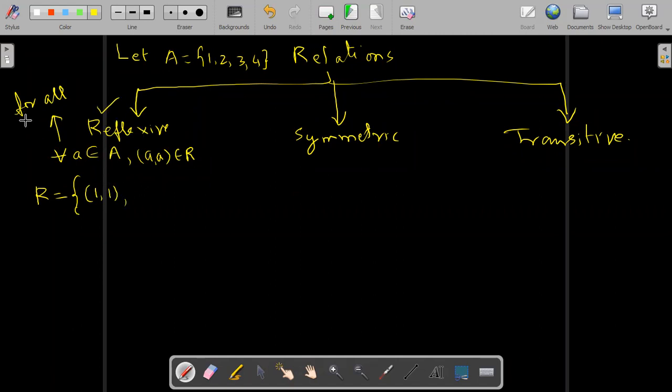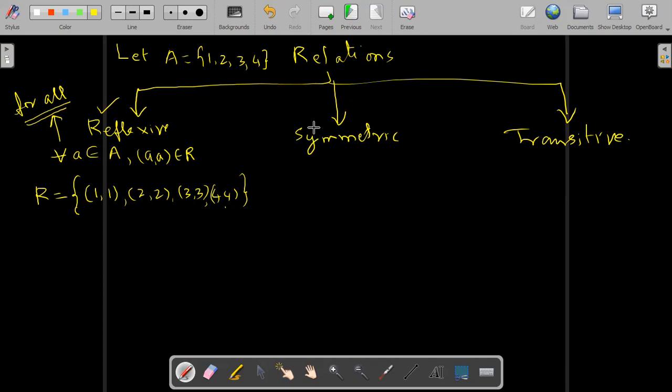This is the main point for all, because this will not come in symmetric and transitive. So 1 1, 2 2, 3 3 and 4 4, then it is a reflexive relation.